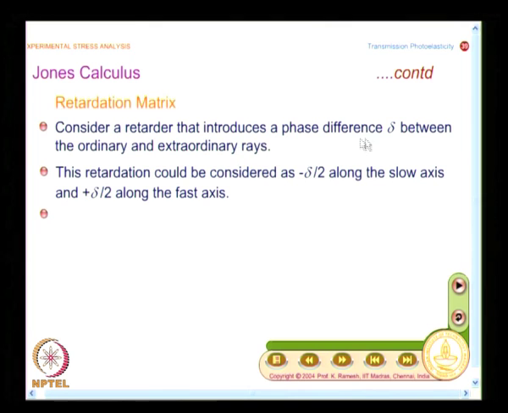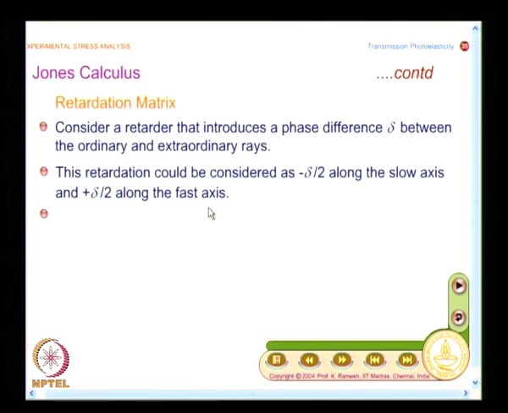How do we introduce this delta? This can be written in many different ways, and I said that retardation could be considered as minus delta by 2 along the slow axis and plus delta by 2 along the fast axis.